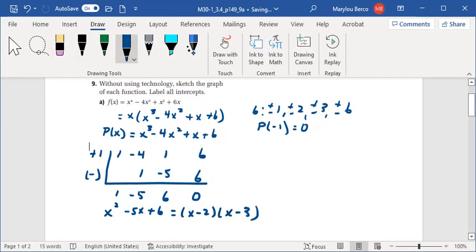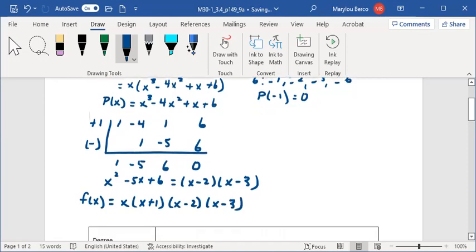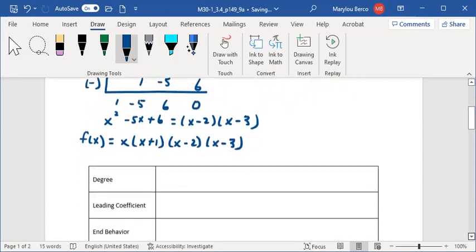So f of x is equal to x times x plus 1 times x minus 2 times x minus 3. Okay, we'll use a table to provide information of the function that we will use to graph.